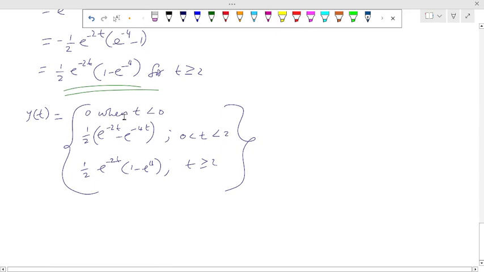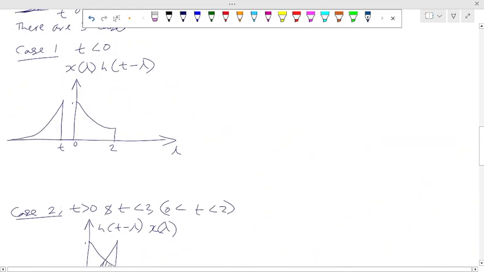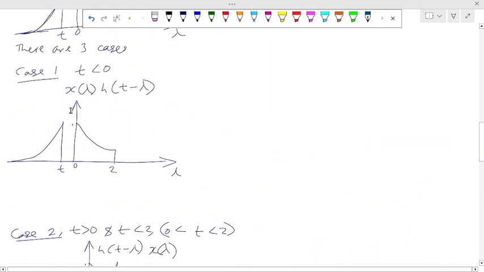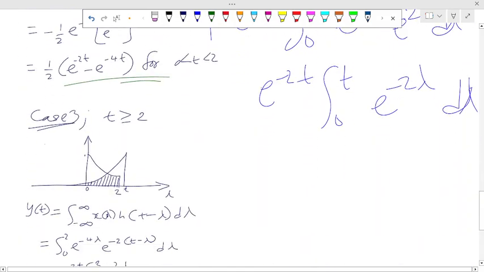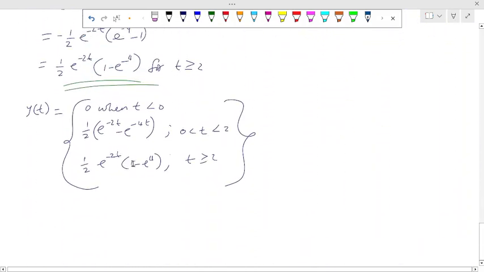In case 1, when t is less than 0, there is no meeting point, so the answer there is 0. Then the second case, we got this when 0 is less than t but t is less than 2. The third case, we got this when t is greater than or equal to 2. So this is the answer y of t.